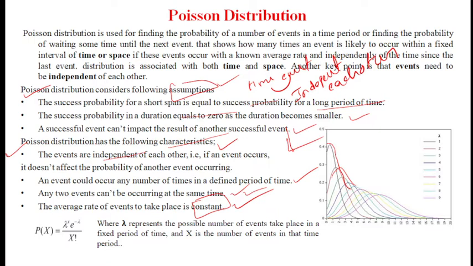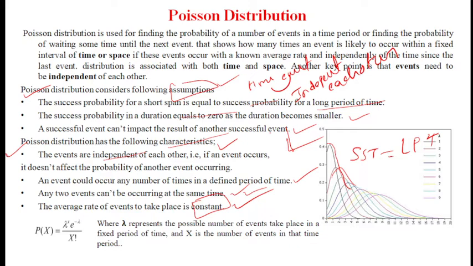The time and the events are independent of each other, and two events may not occur at the same time, and the average of the events taking place is constant, and the success probability for a short span of time is equal to the success probability for a long period of time.